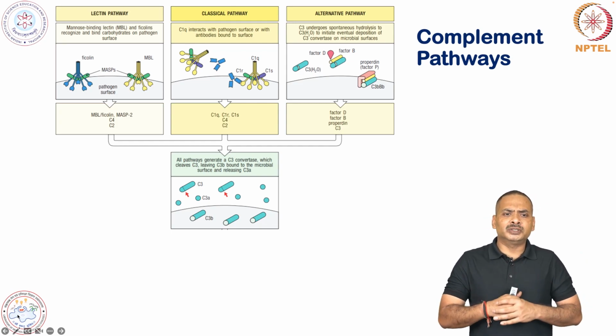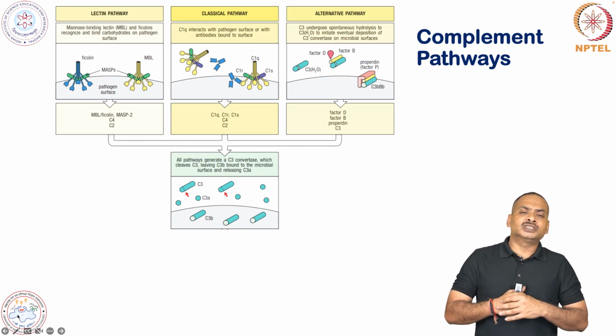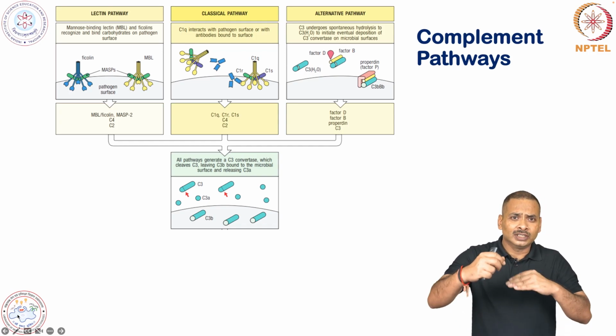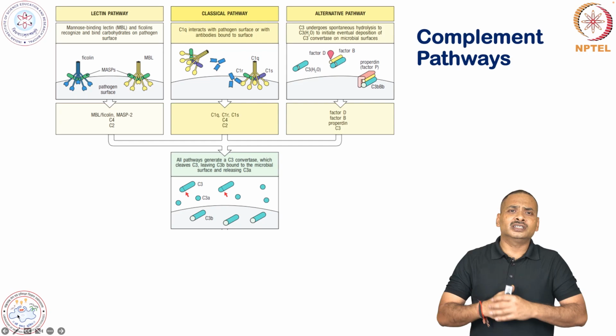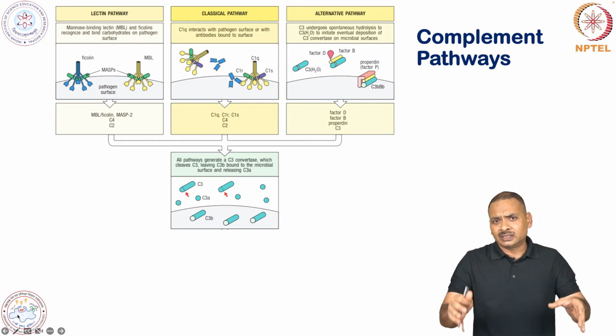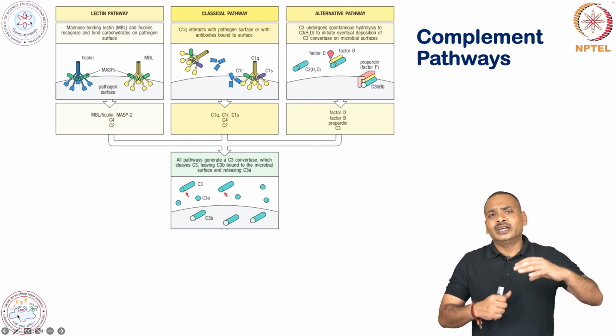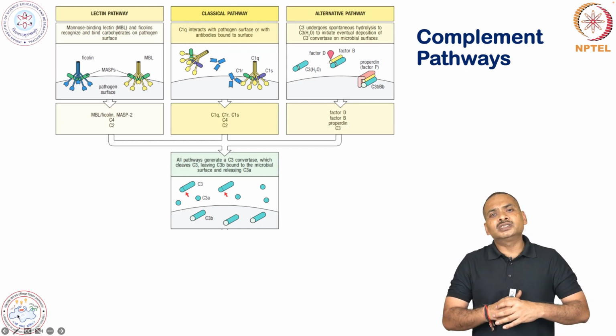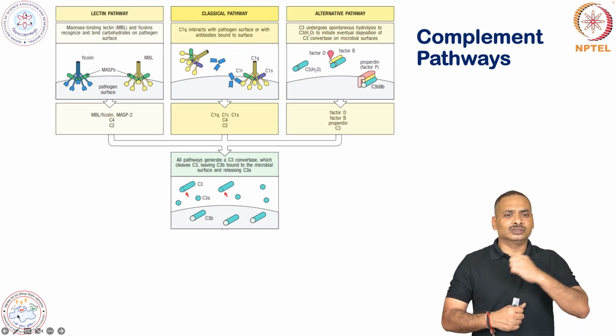This C3b is bound to the microbial surface and C3a is released. C3a causes inflammation, and C3b present on the microbial surface will be readily phagocytosed.